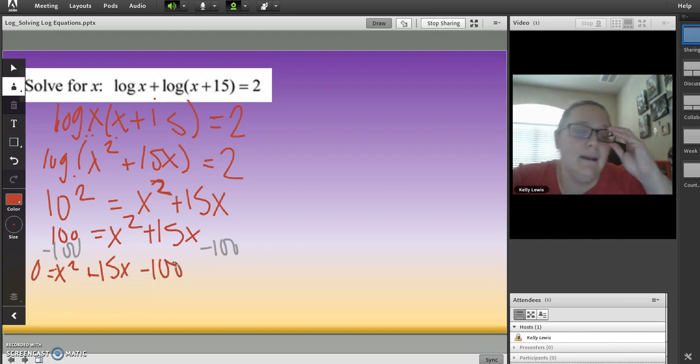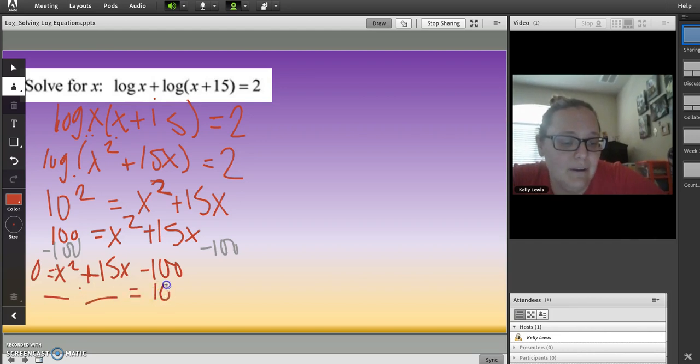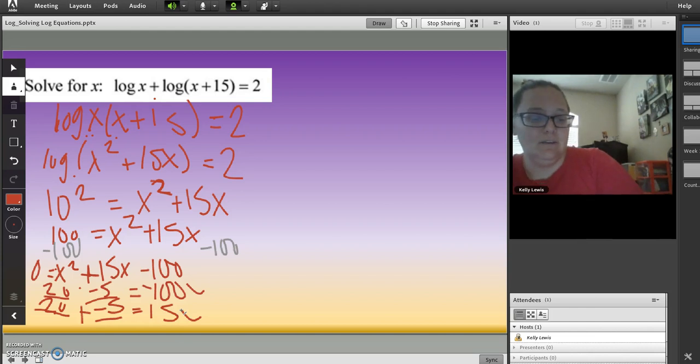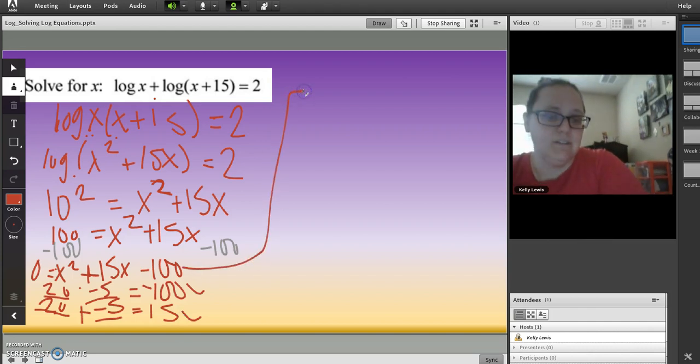And I need to figure out what multiplies to give me negative 100 and adds to give me 15. Twenty times 5. Let's try it. 20 times 5 is 100, and then 20 plus negative 5 is positive 15. So that works.